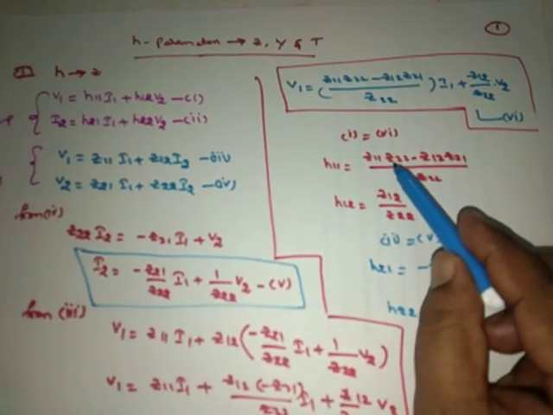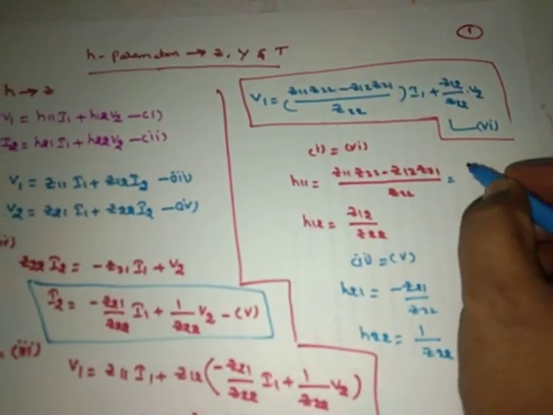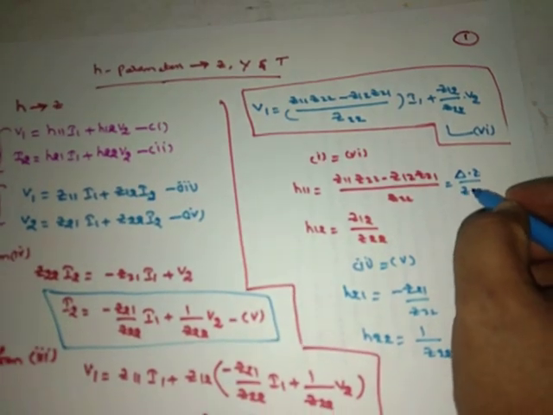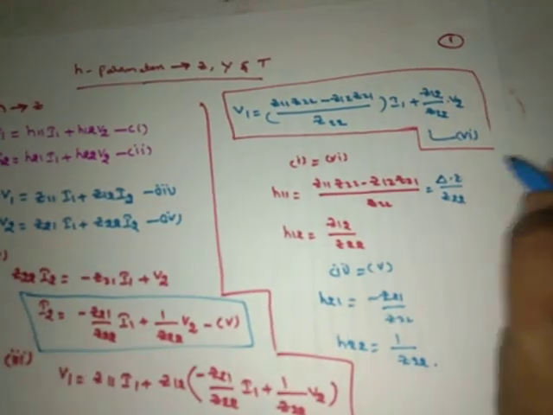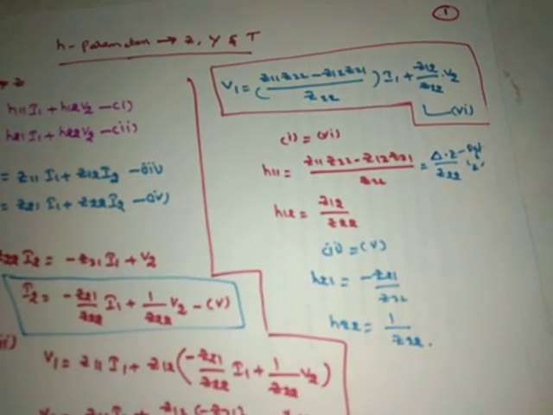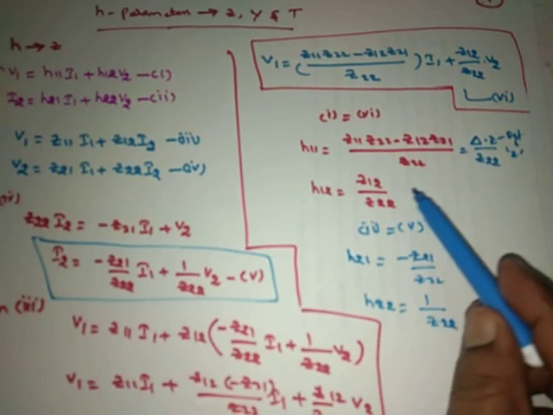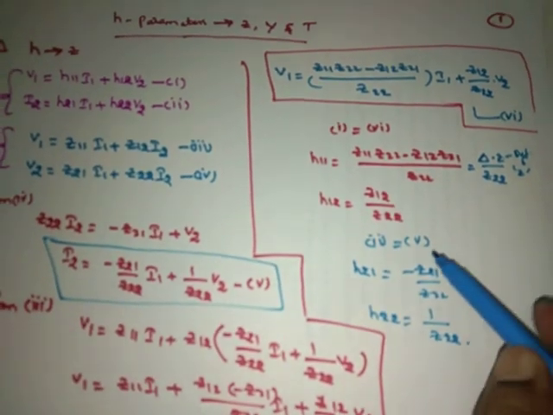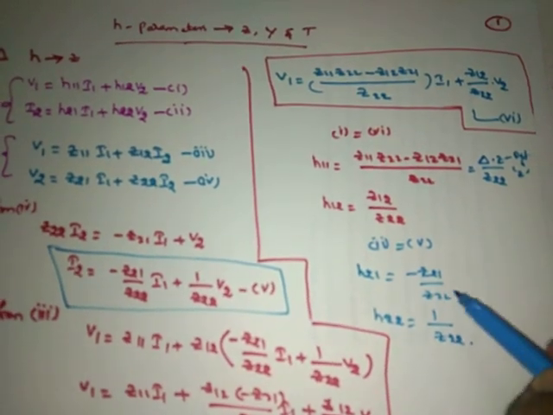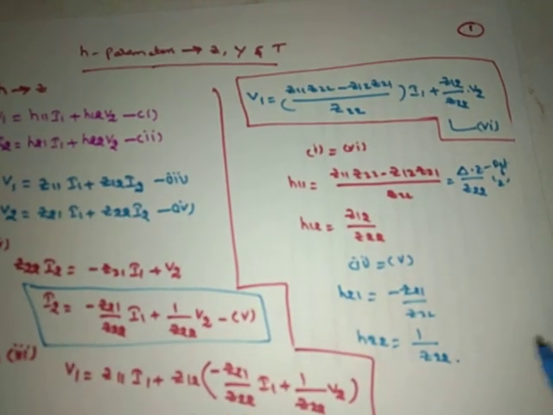H11 is equal to (Z11 Z22 minus Z12 Z21) by Z22, that is the determinant of the Z matrix, determinant of Z by Z22. H12 is equal to Z12 by Z22. Similarly, equating 2 and 5, H21 is equal to minus Z21 by Z22. H22 is equal to 1 by Z22.